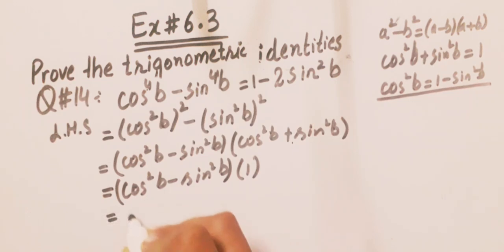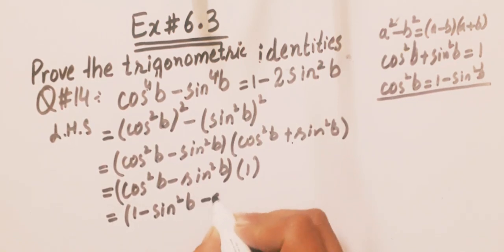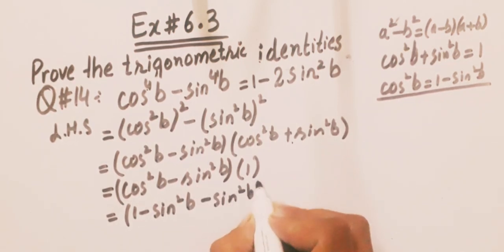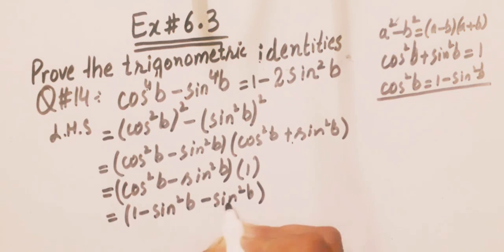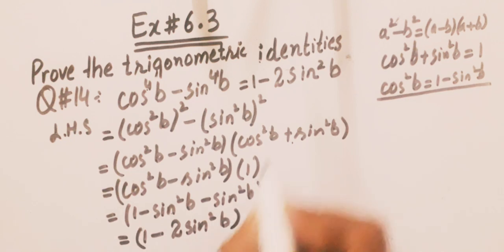We have 1 minus sin square b minus sin square b, which will become 1 minus 2 sin square b. So this is equal to the right hand side.